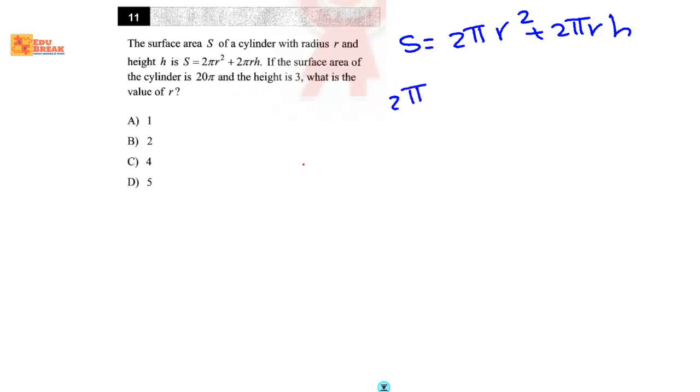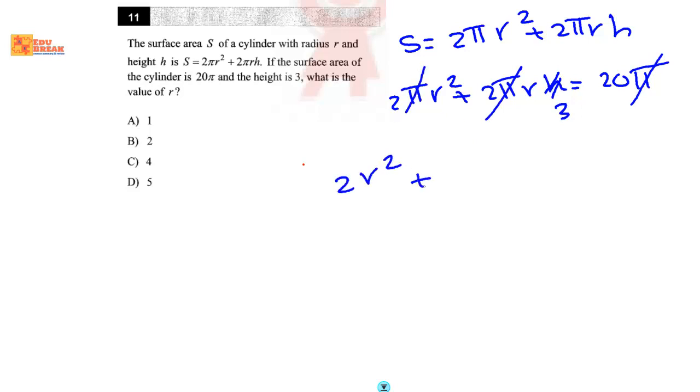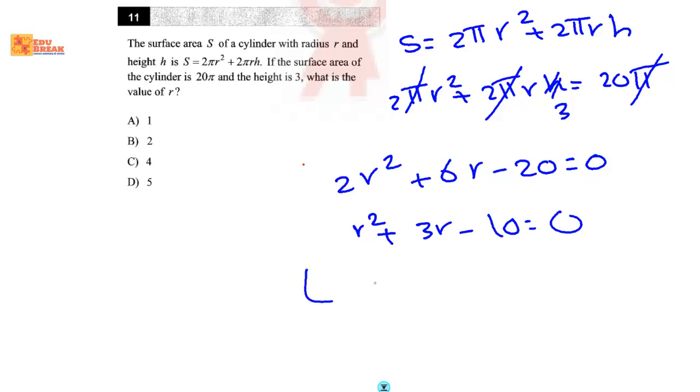So we have 2 pi r squared plus 2 pi r times h equals 20 pi, and the height equals 3. It means we will put 3 here, cancel pi, so we have 2r squared plus 6r minus 20 equals 0, divided by 2, so we have r squared plus 3r minus 10 equals 0.